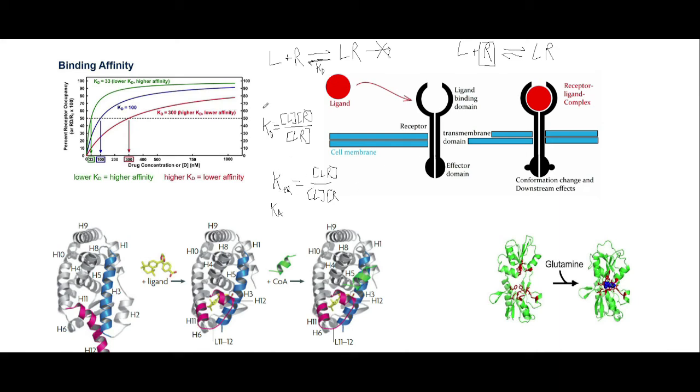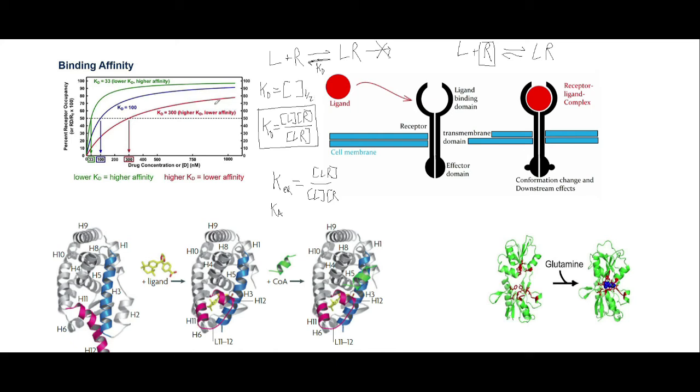But when you're doing receptor kinetics, you're pretty much always using Kd, which is when we are at half capacity. So the Kd is a concentration, the concentration when we are at half capacity.